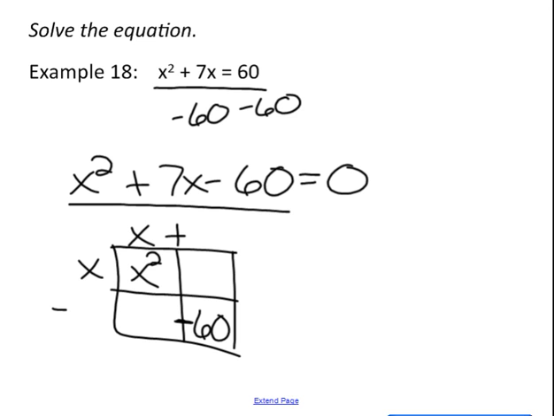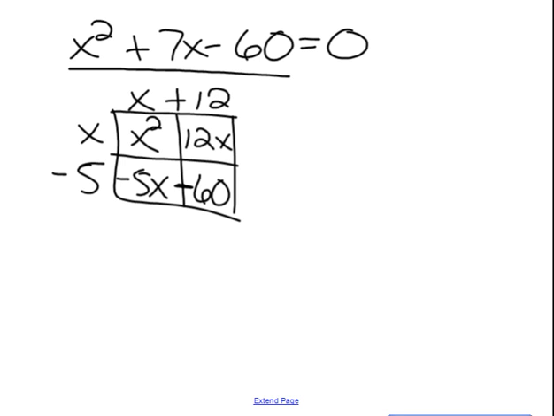If we multiply 5 times 12, we get 60. So let's try a negative 5 and a positive 12. x times 12 will give us 12x, and negative 5 times x will give us a negative 5x. And if we add those together, we do get a 7x, which is what we're looking for.